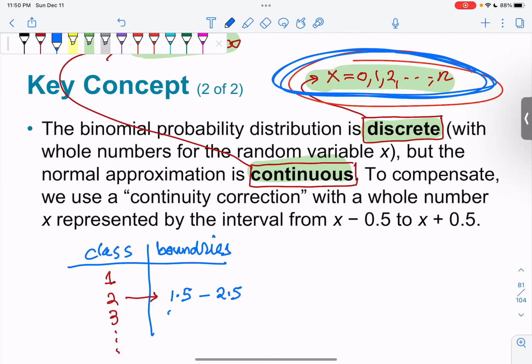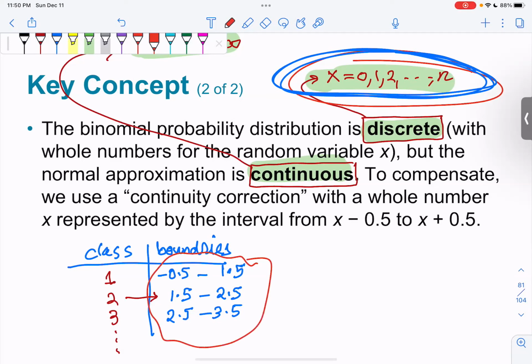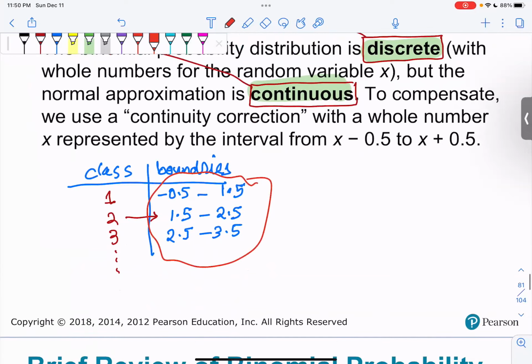For 3, it will be 2.5 till 3.5. For 1, it will be 0.5 to 1.5, and for 0 it will be negative 0.5 to 0.5. So now this is our discrete variable in continuous form, after the transformation to continuous.